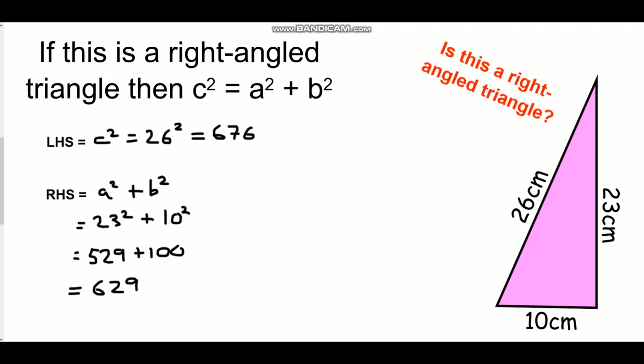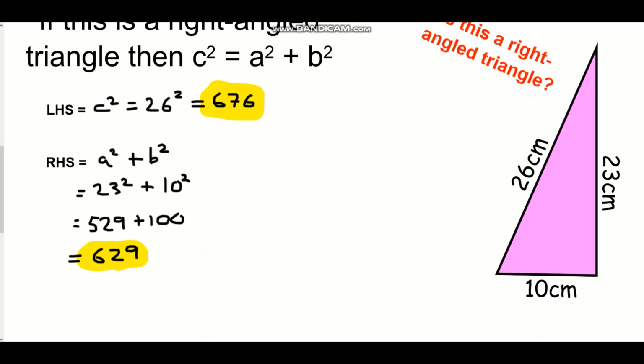Now, just looking at our two answers from this section, 629 is not equal to 676.